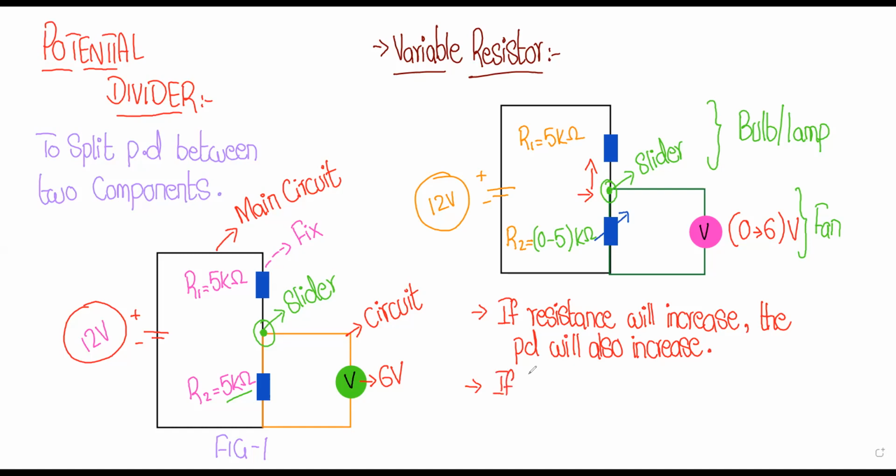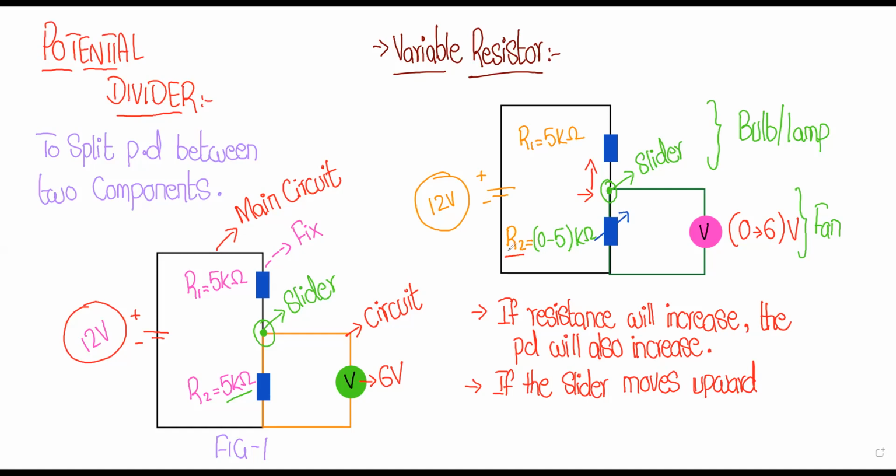So we can say that if the slider moves upward, you can see that the length of R2 will increase, right? The length of the knob will increase.